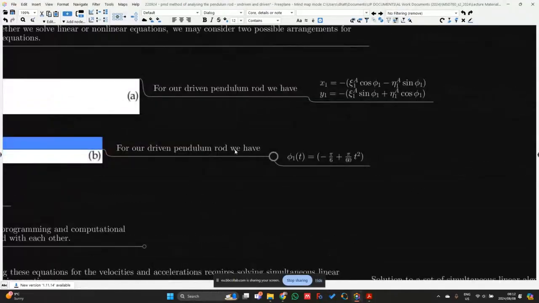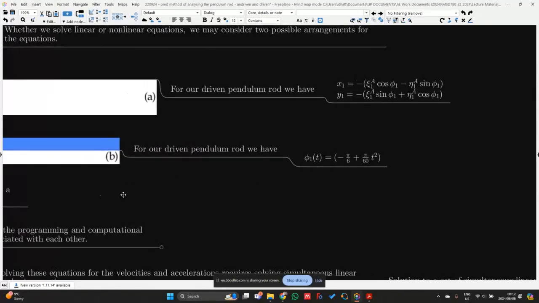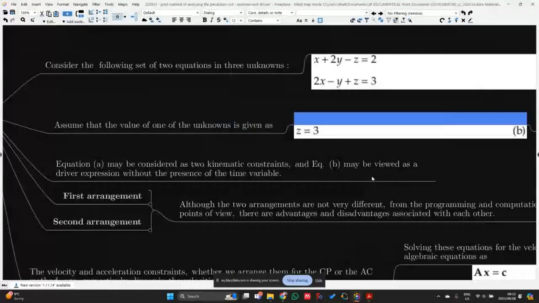Okay, so for our driven pendulum rod, once again, we have this phi1 as a function of t that we express over here. We're going to look in a moment how we got to this equation. But equation A may be considered as two kinematic constraints, and equation B may be viewed as a driver expression, or driver constraint equation without the presence of the time variable.